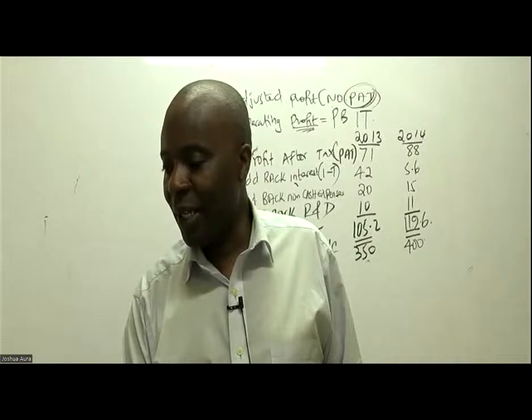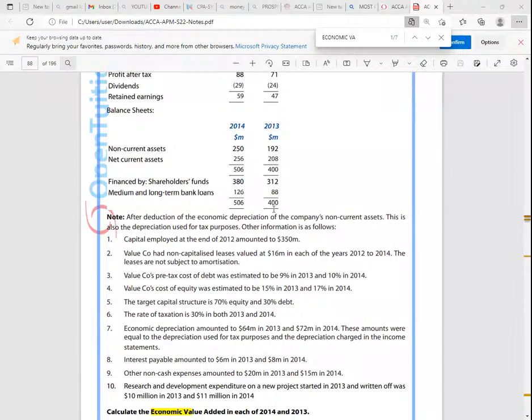Great. Let me repeat this figure here. These are the capital employed, because this is total assets less current liabilities. So you can see here, when they talk of net current assets, already they have subtracted the current liabilities. So whatever we have here is the capital employed, but now at the end of the years.